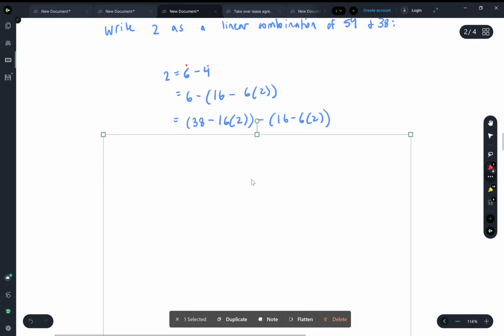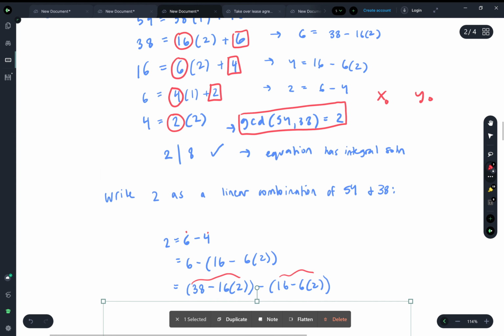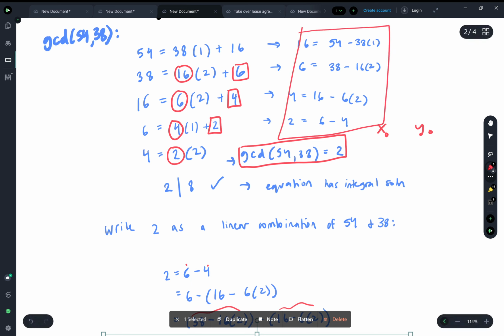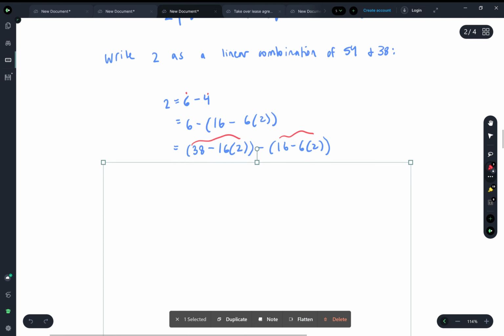And again, these are just parts of the Euclidean algorithm that we flipped over. That's why I said it's important to write this part.